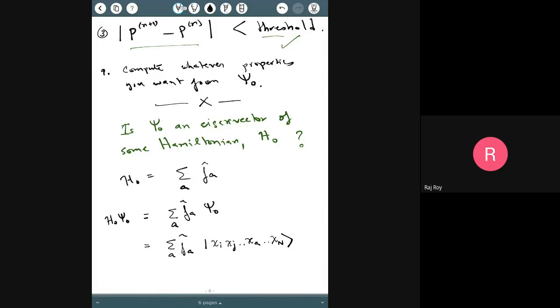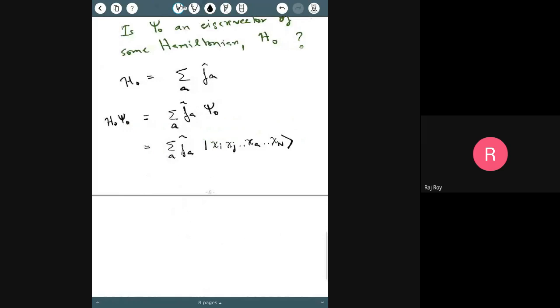And let's take an example so that I can show it more explicitly.